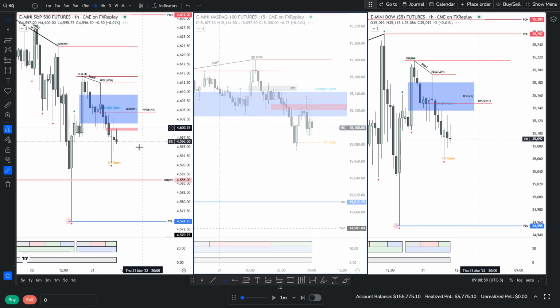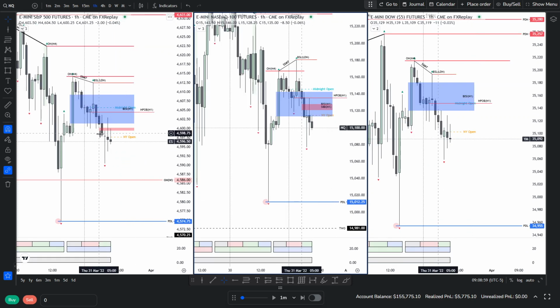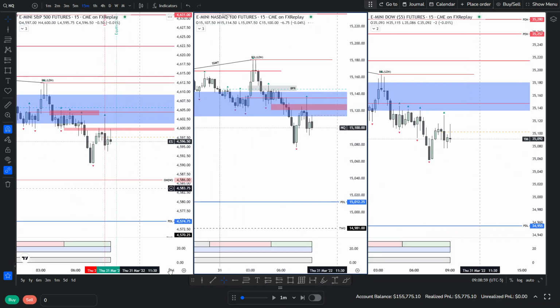I'm just going to go back out to the hourly. Unfortunately, I think this might just be one of those moves that happened pre-session, but we'll go to equities.